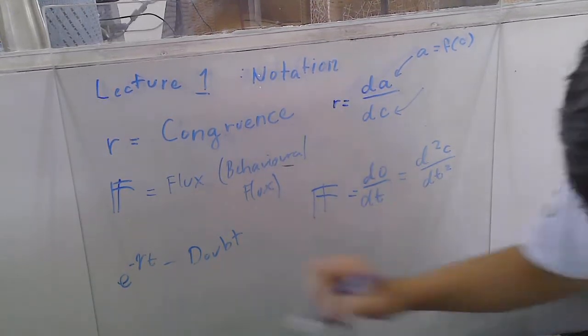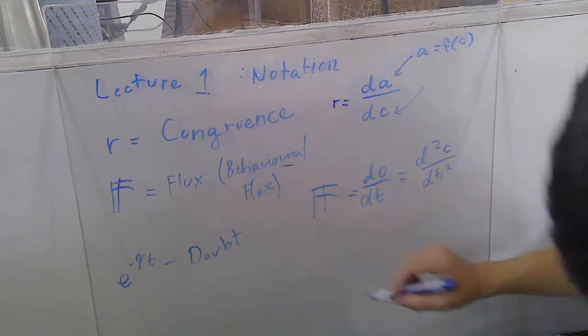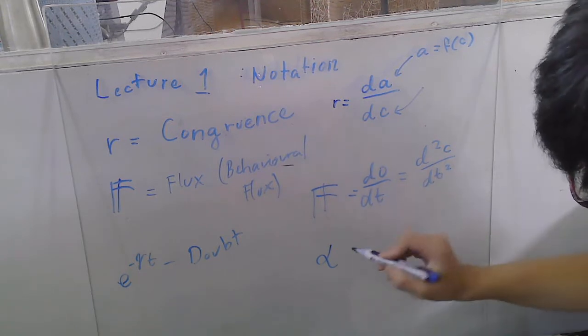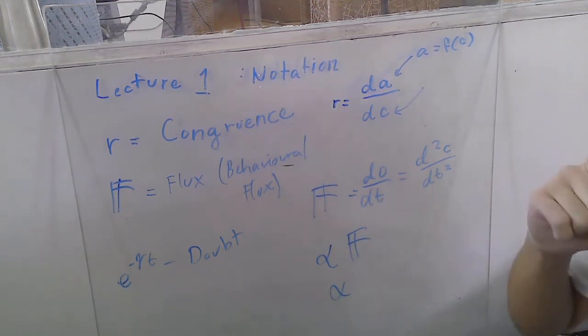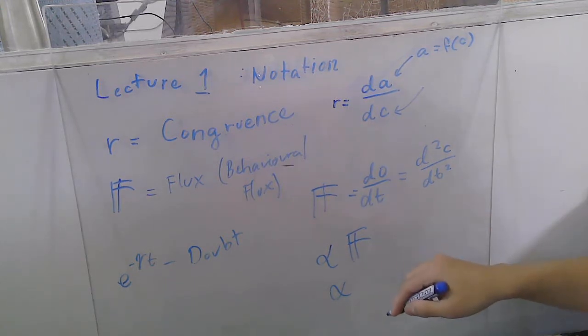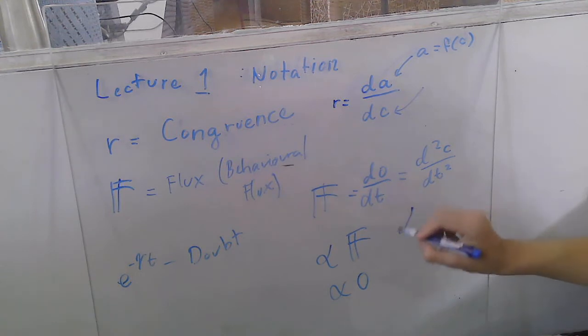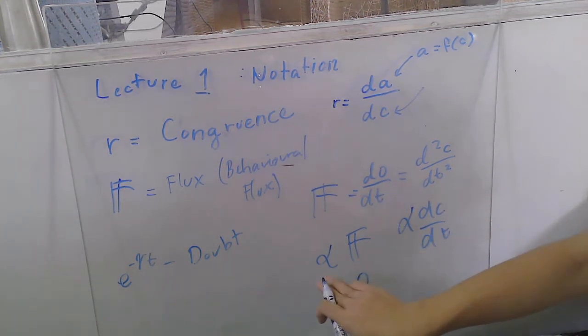Doubt also takes on the form alpha of flux, or alpha acting on O. Alpha dC over dt, where alpha is some constant.